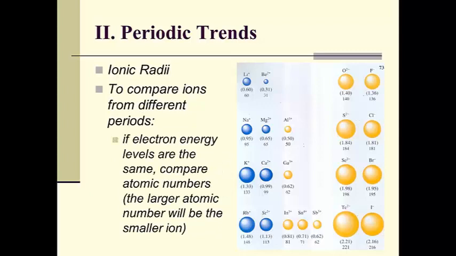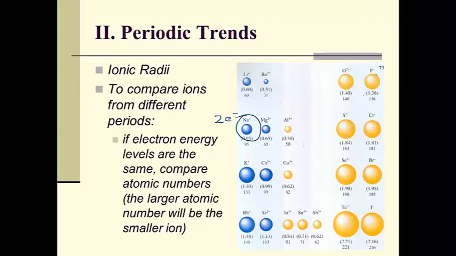Now, if the electron energy levels are the same, notice the sodium ion, even though it's in row 3, only has 2 energy levels. The fluoride ion is in row 2.